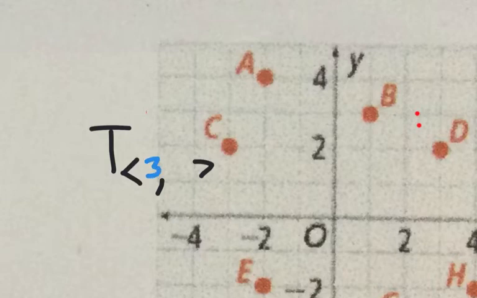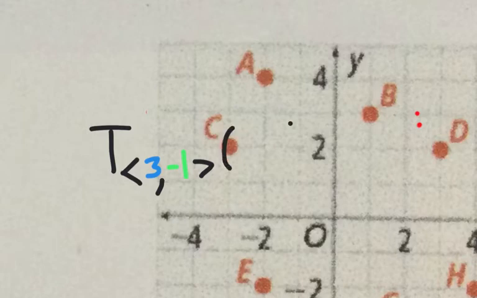Sorry, I need to point this way for you guys. I went right 3 on my translation, and that put me here. Now what do I need to do? I need to go down 1 to get to B. The way we talk about that is with a -1. So the translation rule is a capital T, and then I'm translating right 3, down 1.